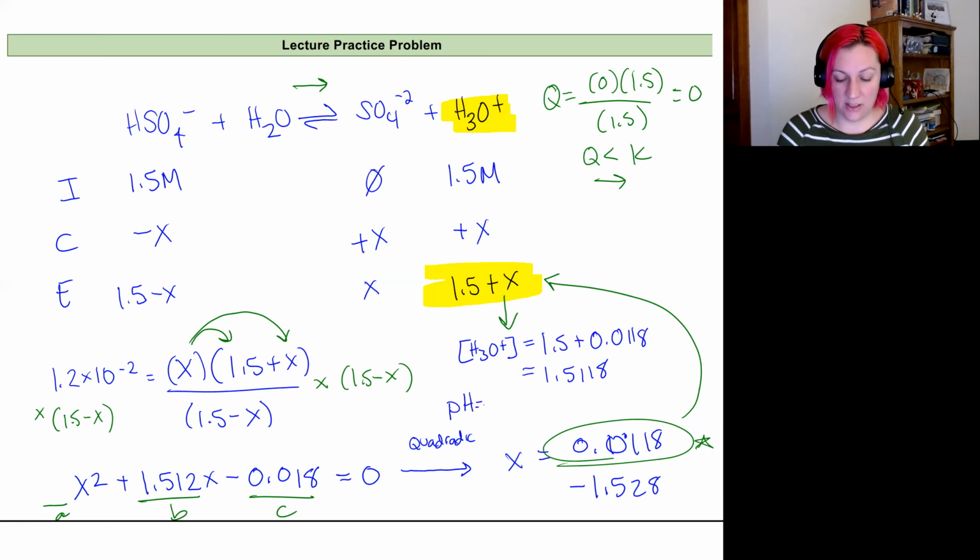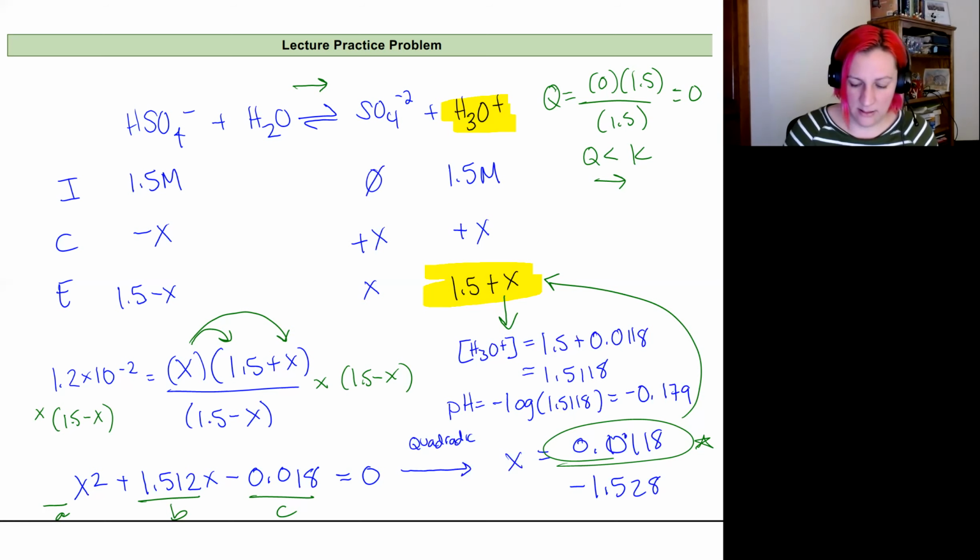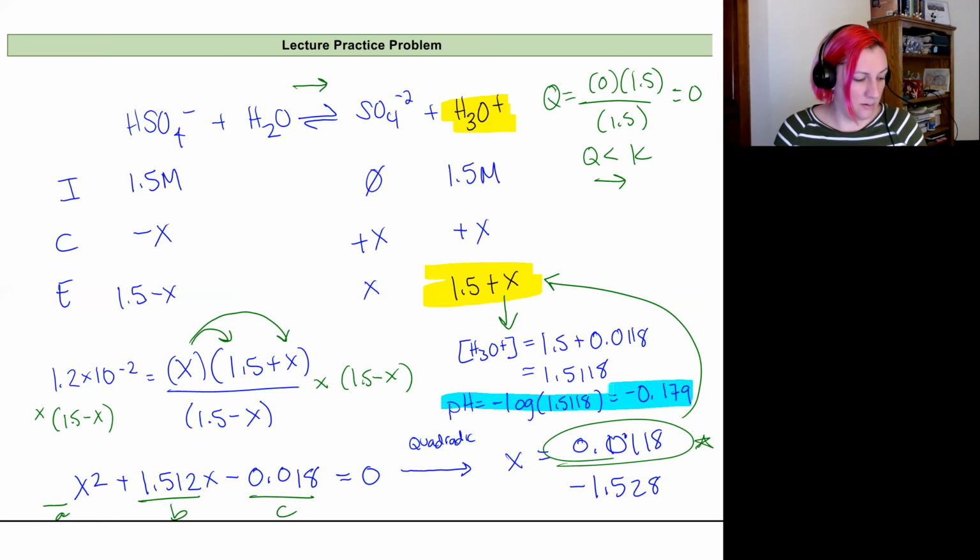So pH is going to be equal to negative log of 1.5118, which is going to give me a value that is negative 0.179. I'm going to highlight that since there's a lot of work shown here. All right.